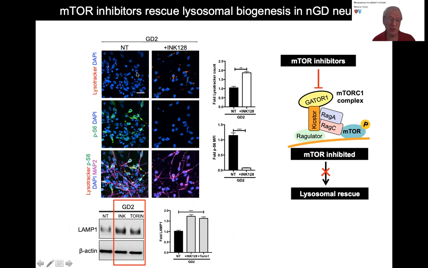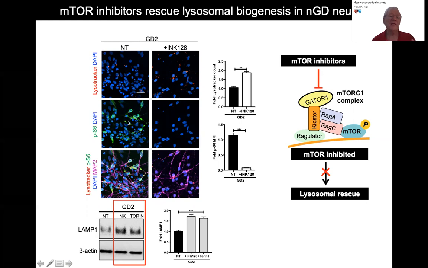This is again LysoTracker. We see that in the GD2, there is low LysoTracker staining, and when we give the mTOR inhibitor INK128, there is increased signal. And then the reversal is true, the reciprocal is true when we look at phospho-S6.